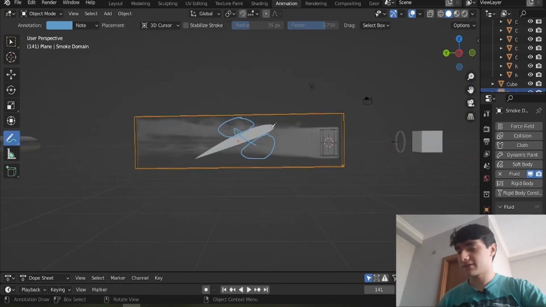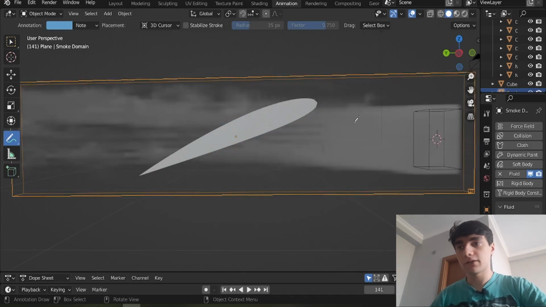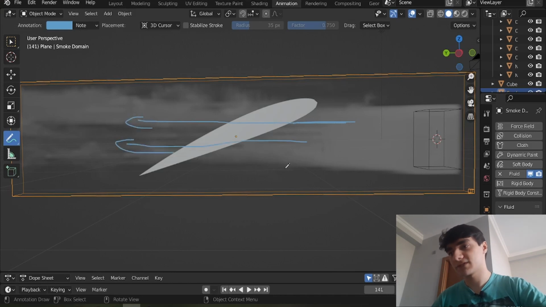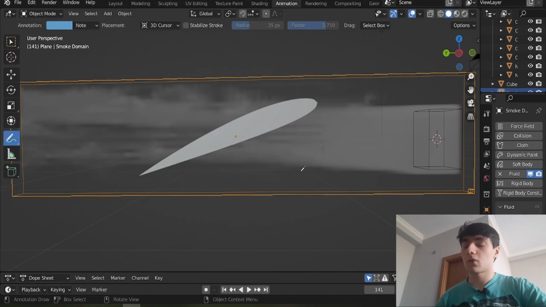Okay, if you didn't understand this, let me show another way. Basically, air molecules come straight. If there is no wing, they will go straight away, yes? Of course. But when there's an object in front of it, it will hit the object and change its direction downwards.